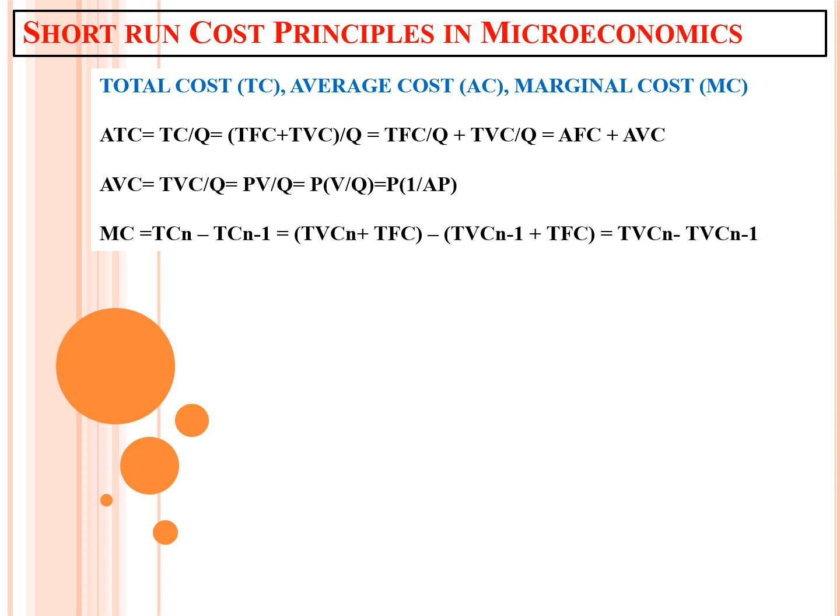ATC, which I have highlighted here, is the average total cost. It is nothing but the combination of average fixed cost plus average variable cost. Average variable cost is total variable cost per unit of quantity produced. Total variable cost, you can also write, is the price of input times the quantity of variable inputs, divided by quantity of production.